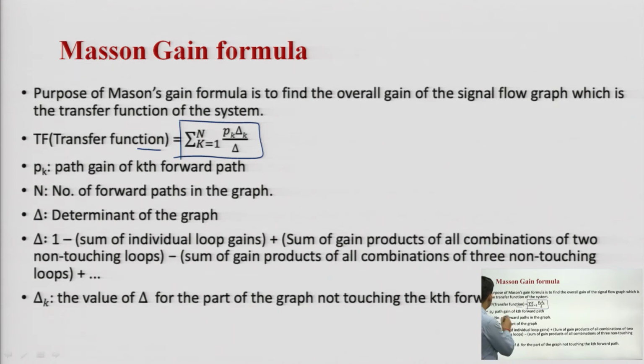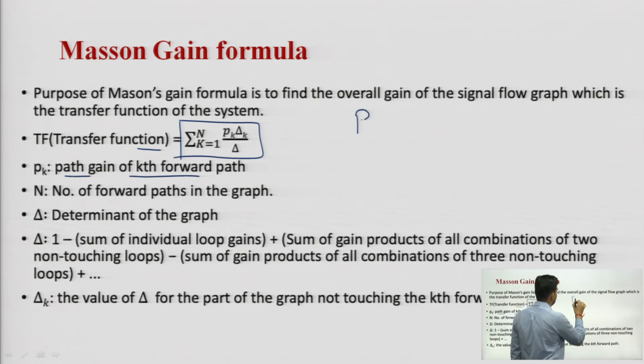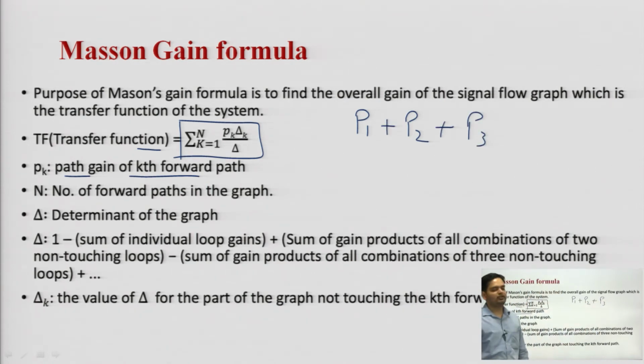P subscript k is the path gain of the kth forward path. It means to reach from input to output, I may have path P1, P2, P3, and whatever possible paths are available, I have to sum them using this formula, because the summation runs over all the possible values of P subscript k.